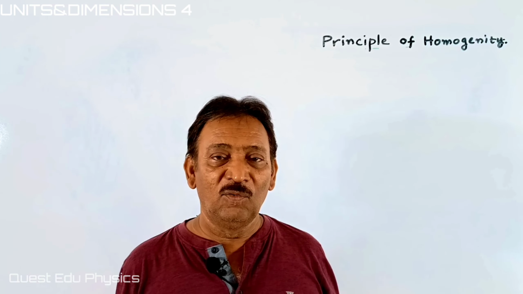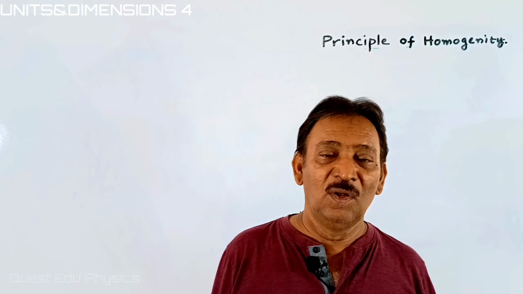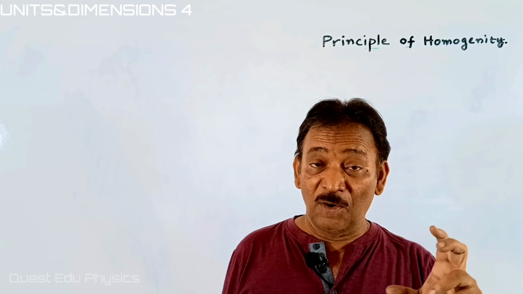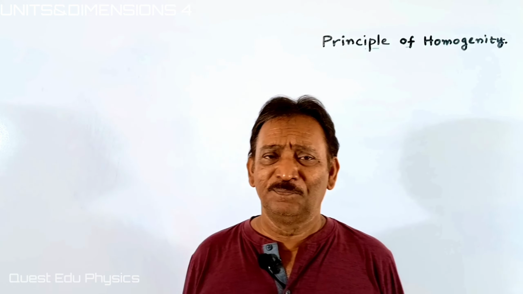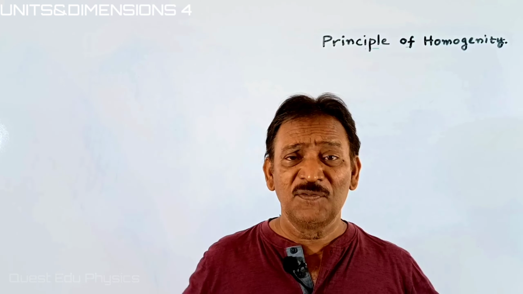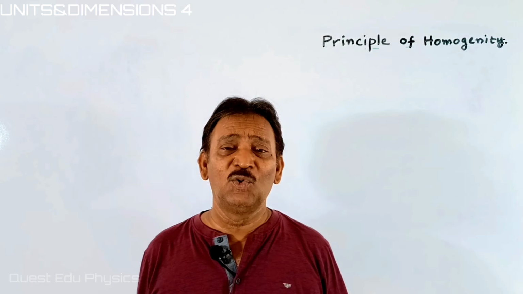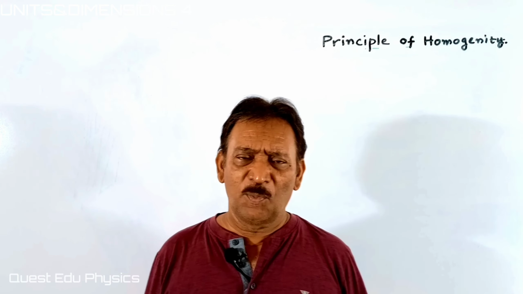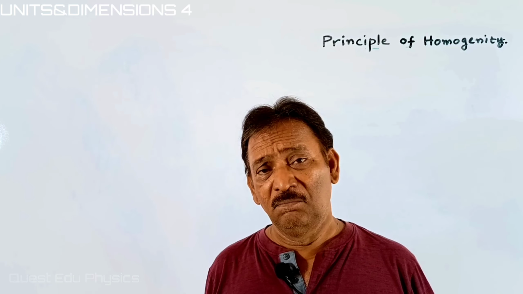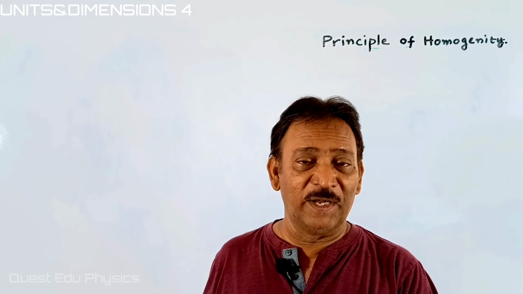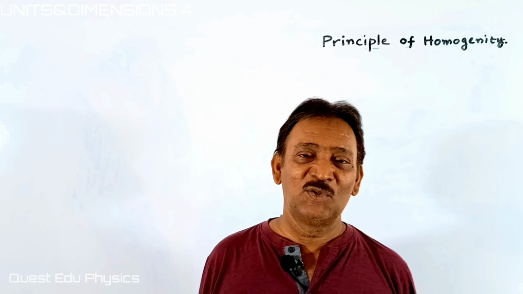How we use the principle of homogeneity, we have to understand. Okay, students, everyone knows that "birds of same feather sit together" is a proverb, I think. Understand, students? That means what?